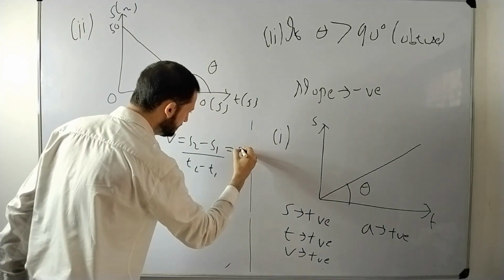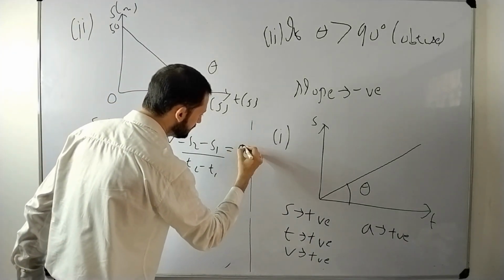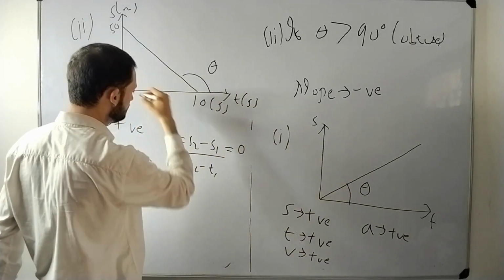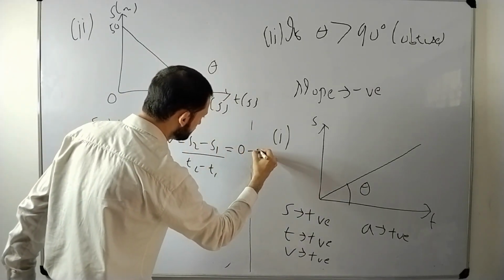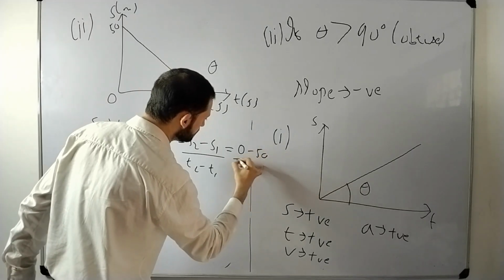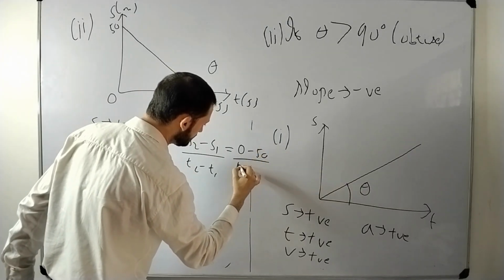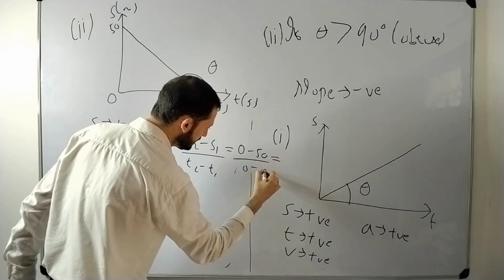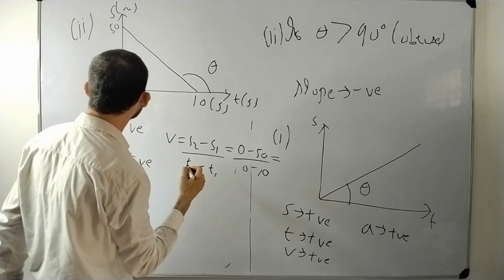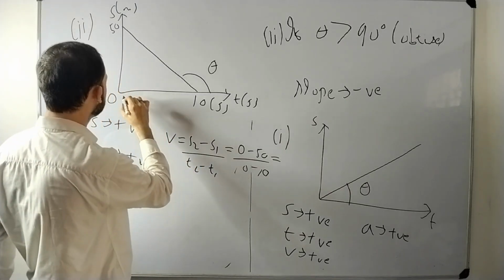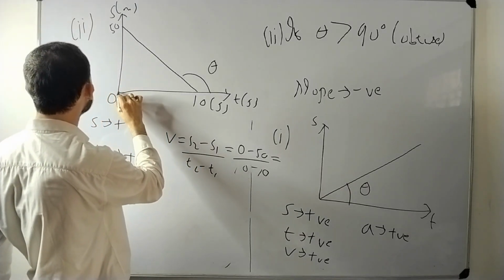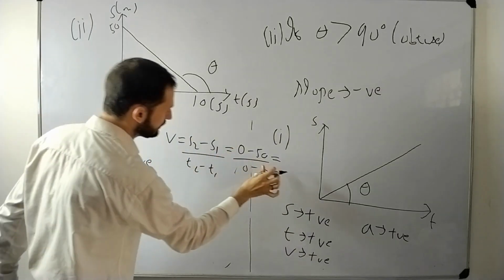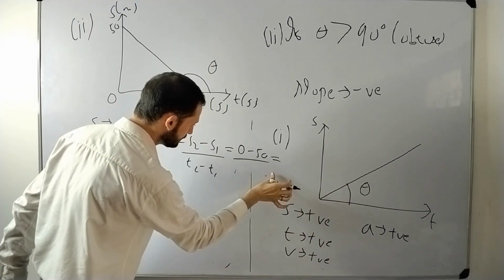Then S2 is 0 and S1 is 50, so this comes out to be 0 minus 50, and T2 minus T1 is 10.